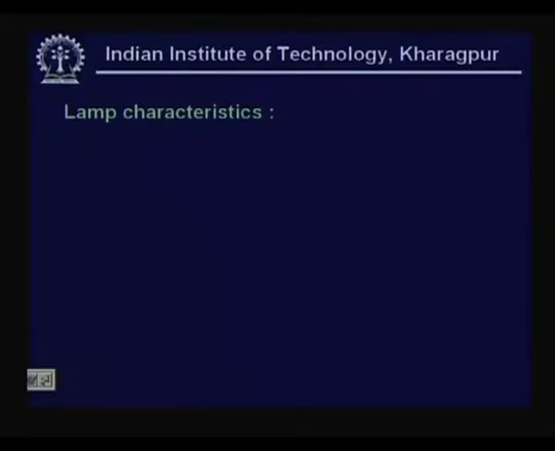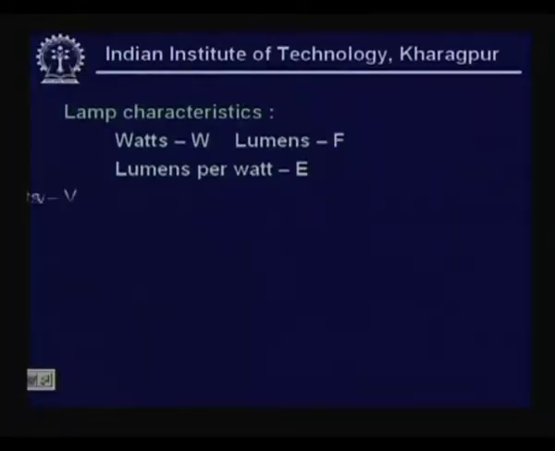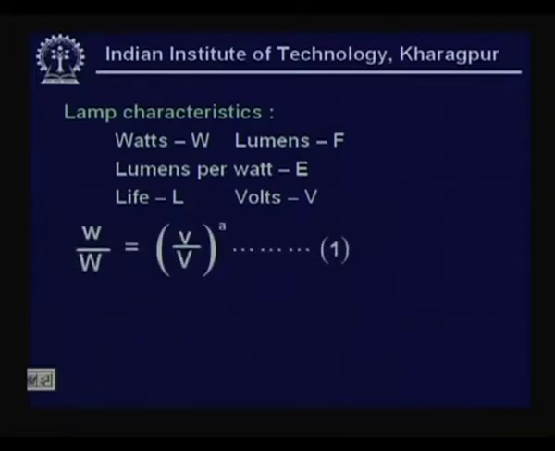Let us say we have a lamp rated for 100 watts. The nominal lumen output is called capital F, the lumens per watt, the efficacy, is capital E, the life at this wattage or at this light output be L, and volts be V.